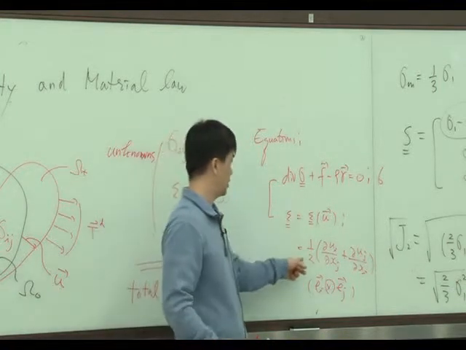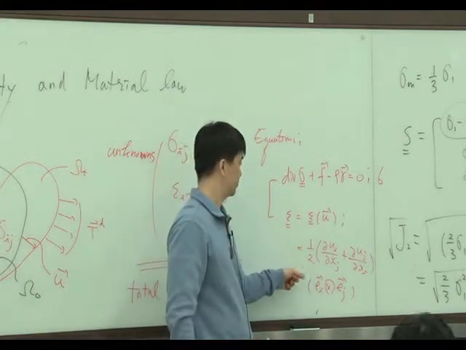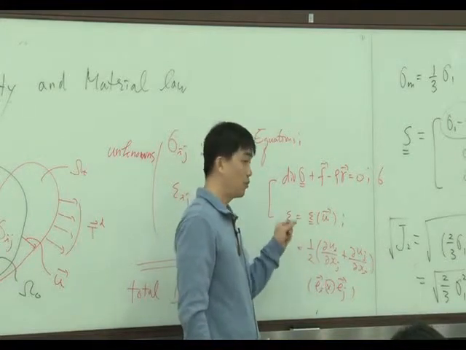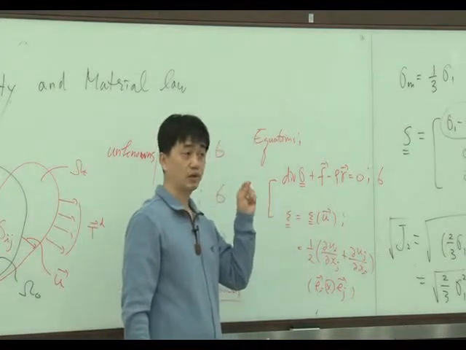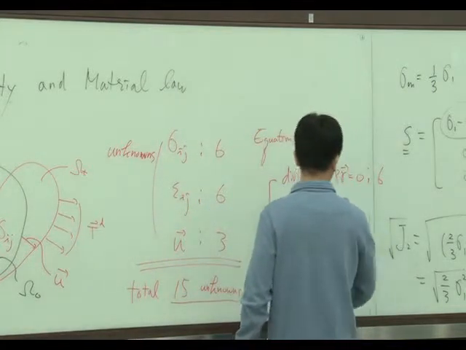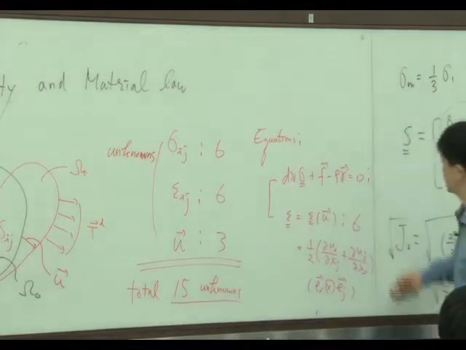So how many equations here? Strain has 6 independent components, so for each strain we have an equation. So this means 6 equations. Sorry, this is 3 equations.